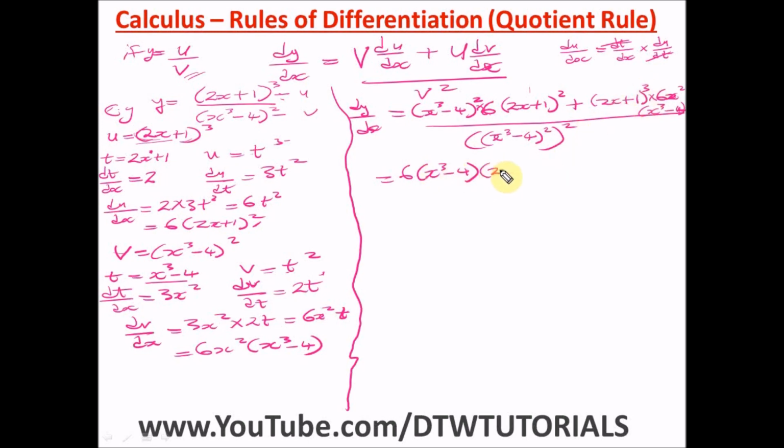So we have here 2x plus 1 raised to the power what? 2. Okay, so what are we left with? All in brackets. Here we're left with just x raised to the power 3 minus 4. Is that not it? All raised to the power 1. Since we're bringing this out, when you want to open the bracket, this times this will give you what? X raised to the power 3 minus 4 raised to the power what? 2. Okay, because you add up the power.